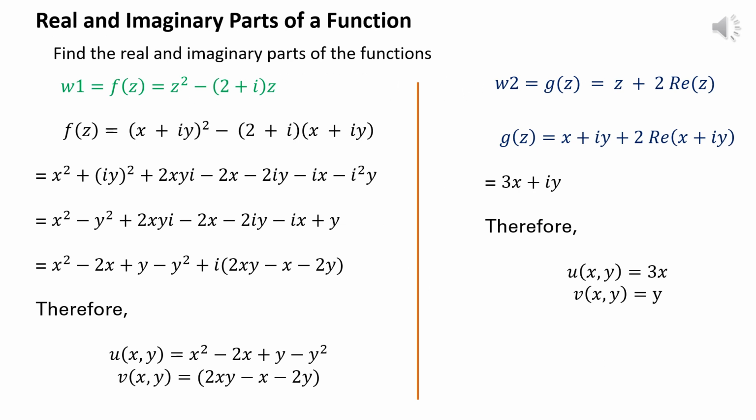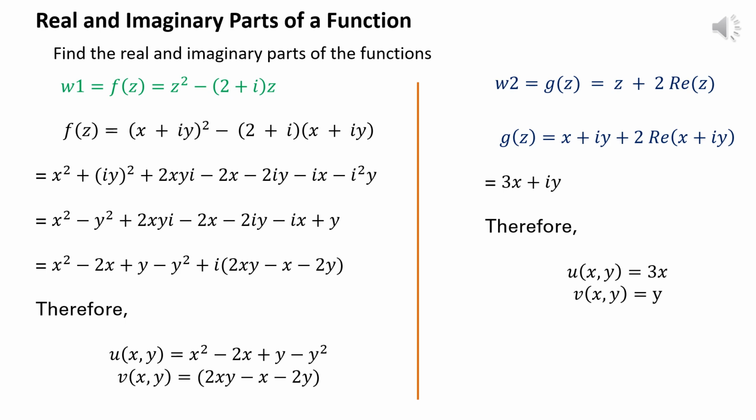So as we know, for a complex variable, z is equal to x plus iy. x is the real part and y is the imaginary part. So likewise, we can find the real and imaginary parts of a complex function. So let us again consider the same examples of the two functions w1 and w2, given as f of z is equal to z square minus (2 plus i) into z. Let us find the real and imaginary parts of this function.